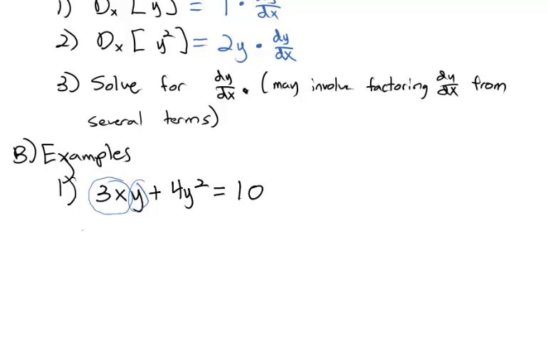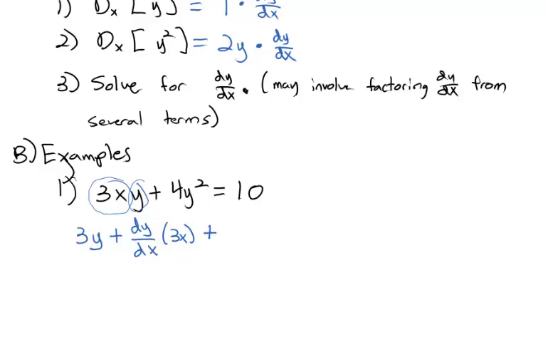So we take the derivative of the first, which is 3, times the second, y, plus the derivative of the second, and the derivative of y is dy dx, times the first, 3x. So that's the product rule. We've done the derivative of the first times the second, plus the derivative of the second times the first, remembering that y is a function of x, so the derivative of y is dy dx.